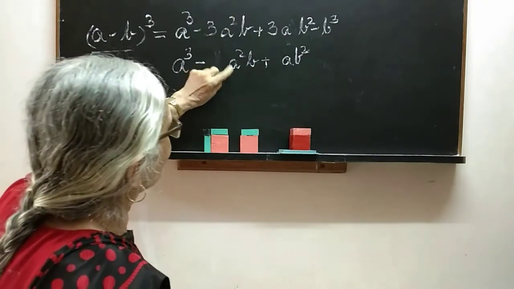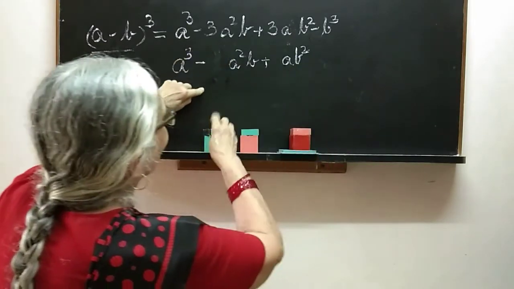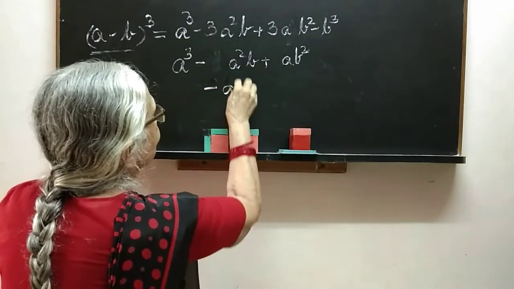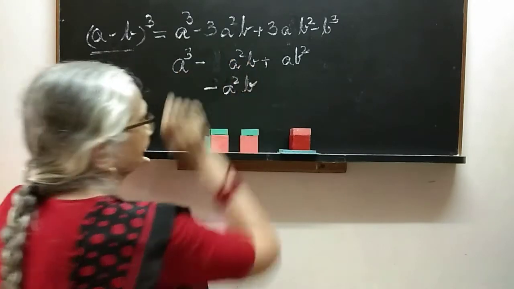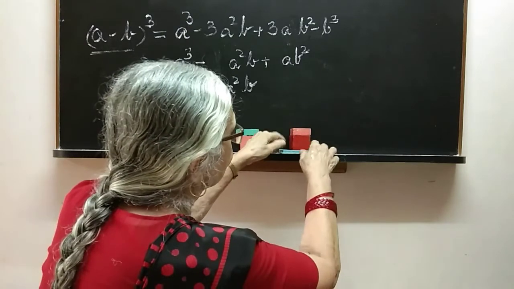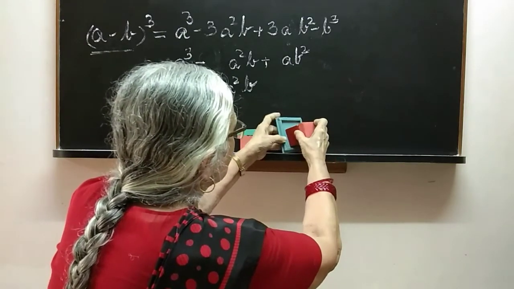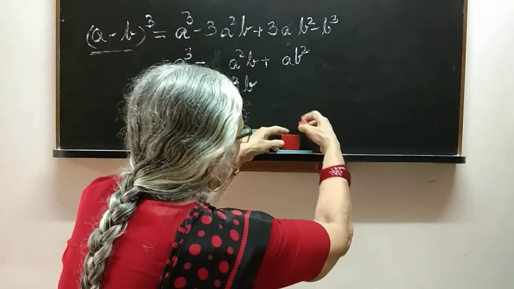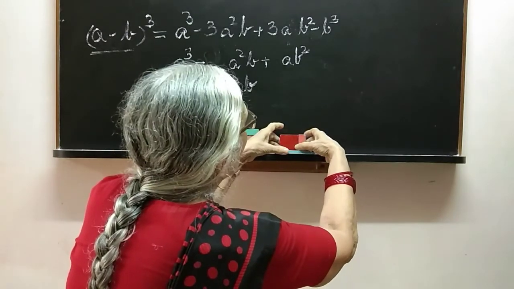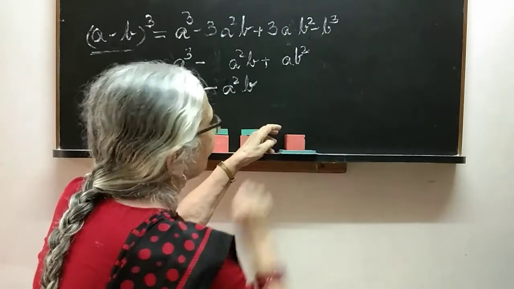So I first took away the A square B, added AB square, and then again I am taking away A square B. Now only one piece remains to be taken. I will put it this way. Only one piece remains to be taken away, but we know we can't do anything with it.